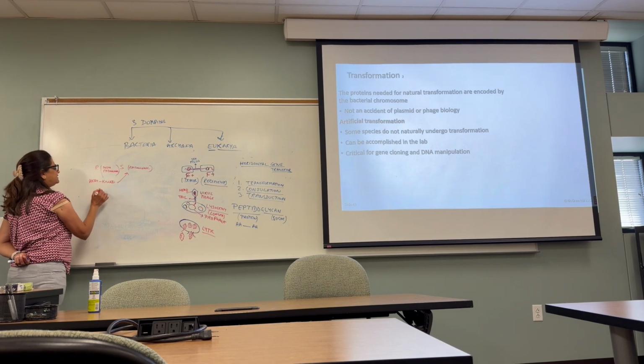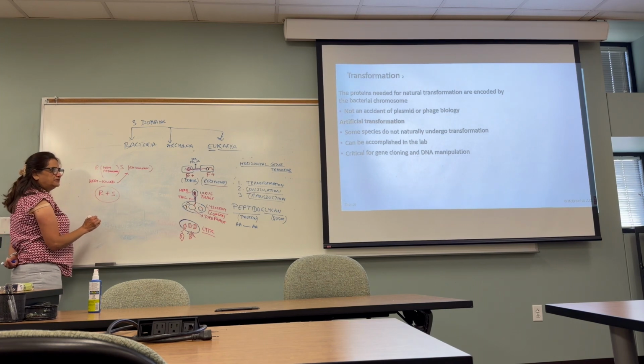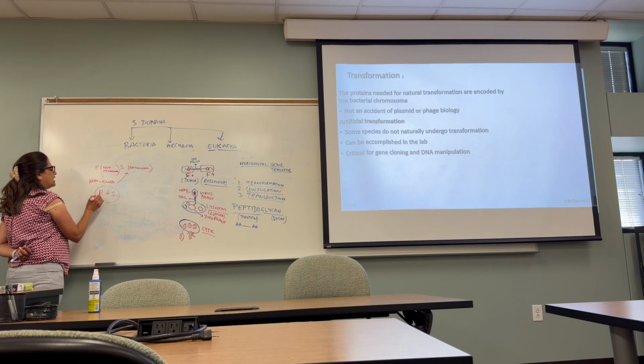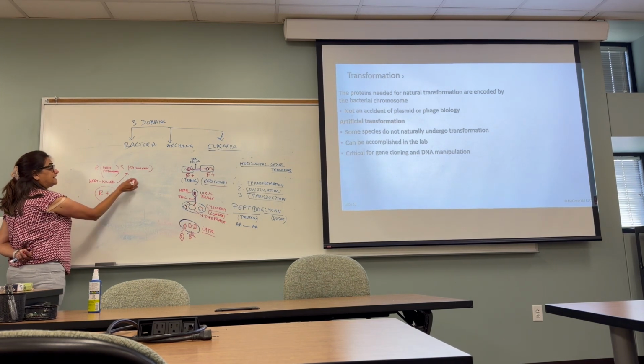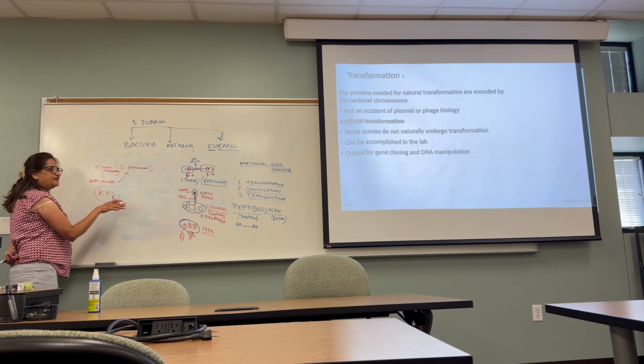Then when they are both mixed, R plus S, in a tube, they are together, right? The S type is killed, but its DNA is still there. You know what I mean?